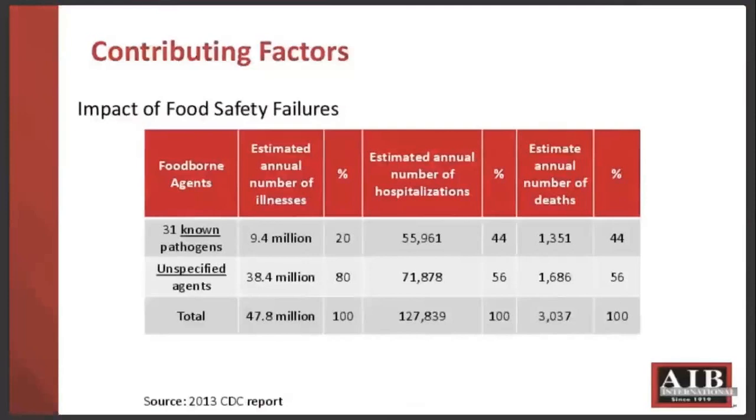31 known pathogens versus unspecified agents. What's important here? Take a look at this last column, the numbers. These numbers are extremely high.